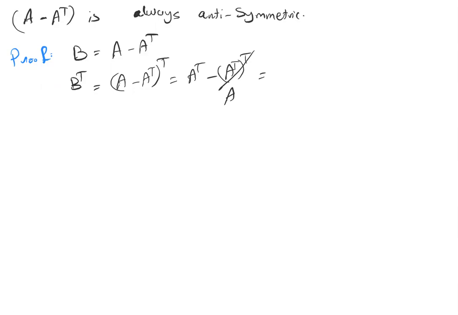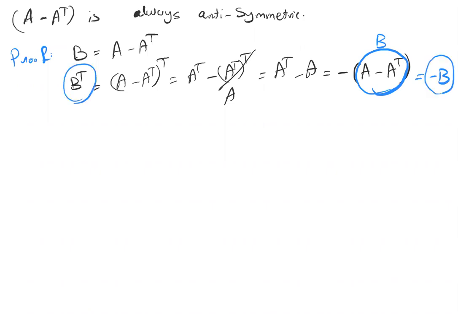This one is A, so A transpose minus A. All right, what's this? This is equal to minus (A minus A transpose). So here we have our original B. So this is minus B. So B transpose is equal to minus B, which is the definition of an anti-symmetric matrix.